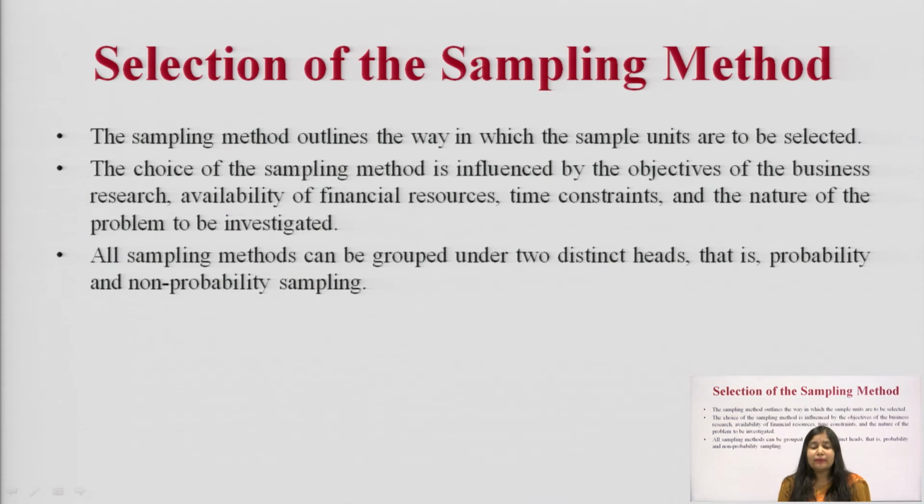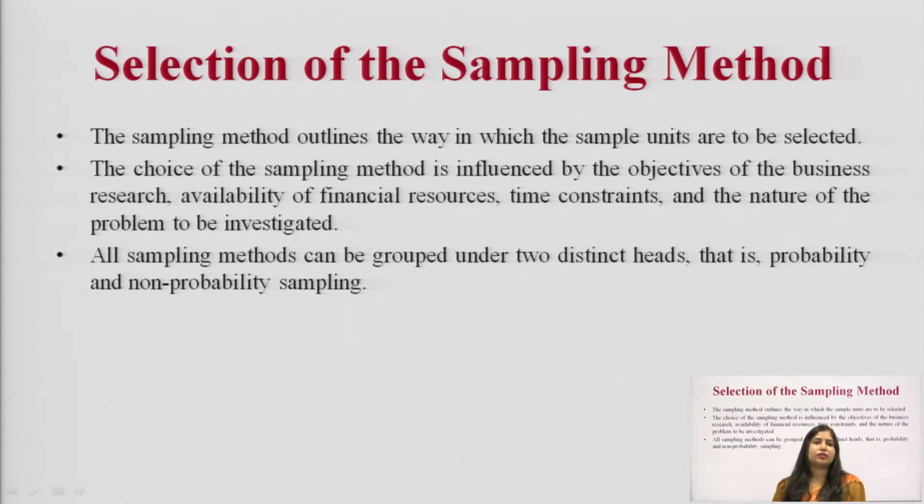In probability sampling, we give every single sample a chance to become part of the research, but in non-probability sampling, every single sample does not get similar chances or a similar opportunity. So, when we conduct research, we should select the proper sampling method.